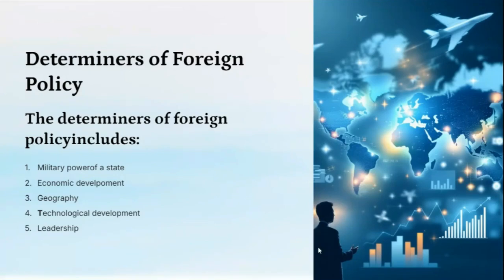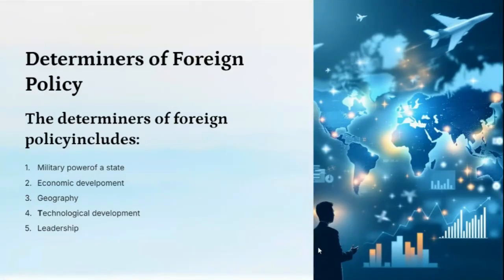Then we have the geography. Geography has to do with the location, the land map, the surrounding. So a country's location actually affects the foreign policies. The surrounding actually affects foreign relations with other countries.